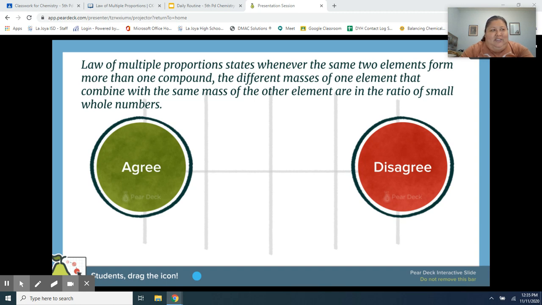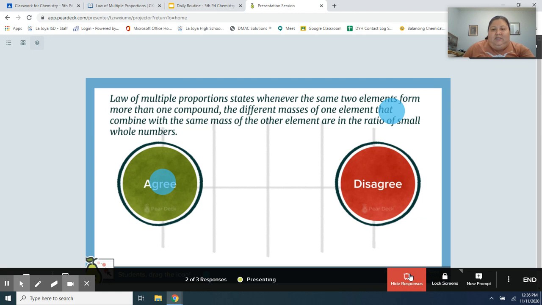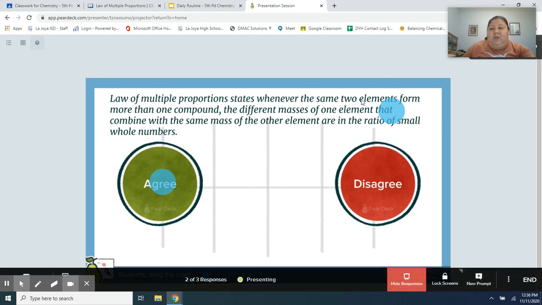All right. Irvin says he's agreeing. Alexia says they agree. Mario says he agrees. Let's see what they say in the Pear Deck. One person agrees and another person is somewhere on the top of disagreeing. So maybe he wants to lean towards disagree, but he's not 100% sold.